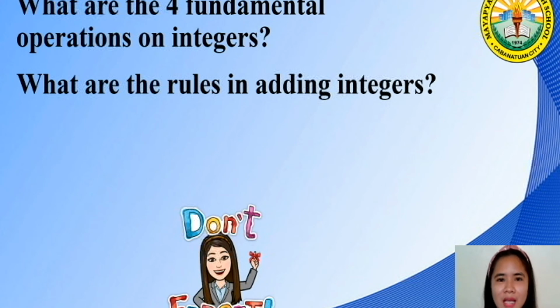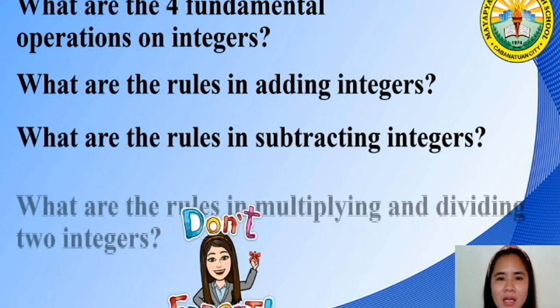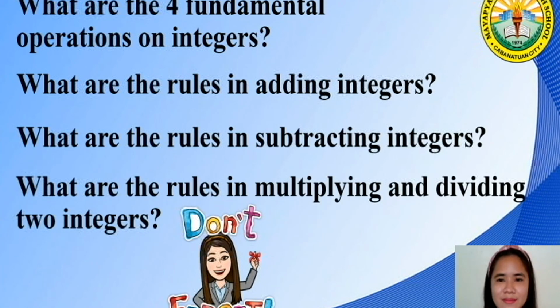The rules in adding integers are, if the integers have the same sign, just add the numbers and keep the sign. The second rule is, if the integers have different signs, subtract the numbers and take the sign of the number with the largest absolute value.